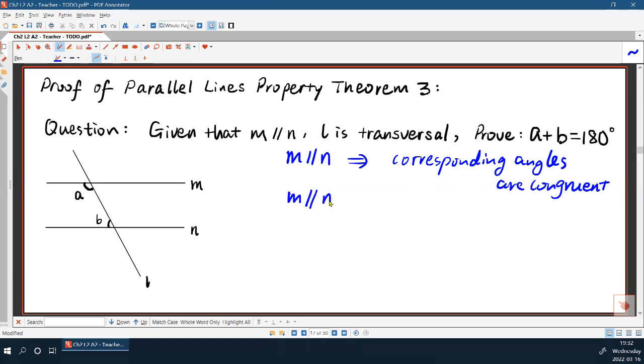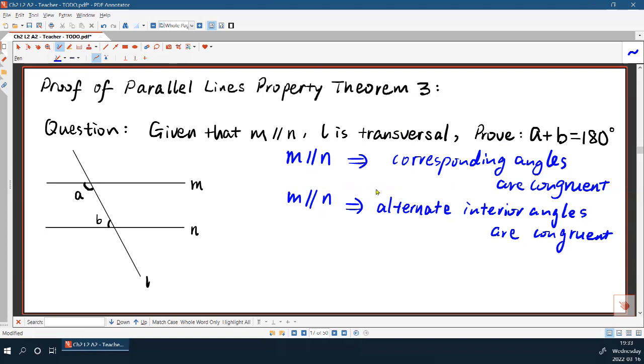That means if M is parallel to N, we have alternate interior angles congruent. So is it possible to use either of these theorems or combined to prove that A plus B equals 180?